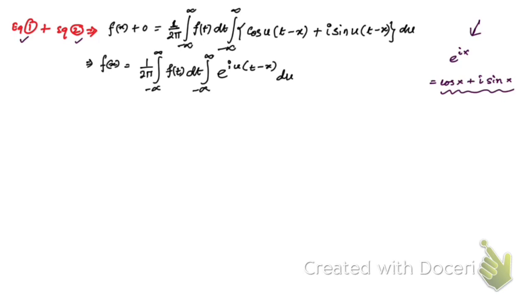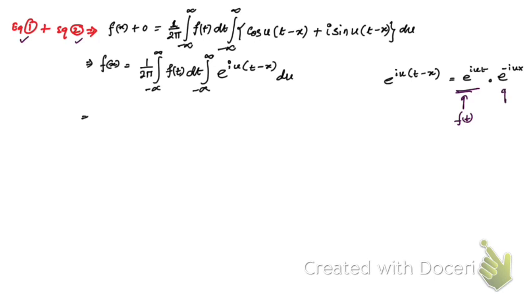Now you see, let me clean this. Now e to the power iu(t minus x) can be written in this way, right? So let us separate the function of t. This is function of t and this is function of u, right?